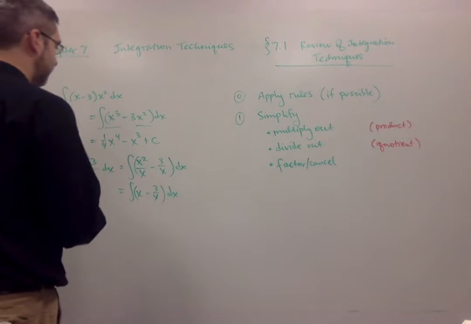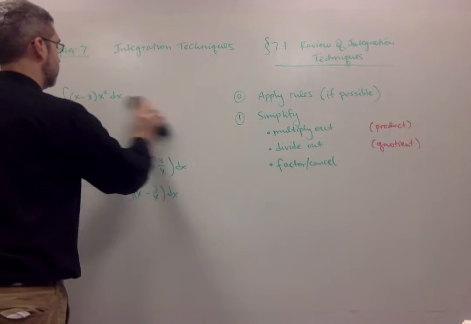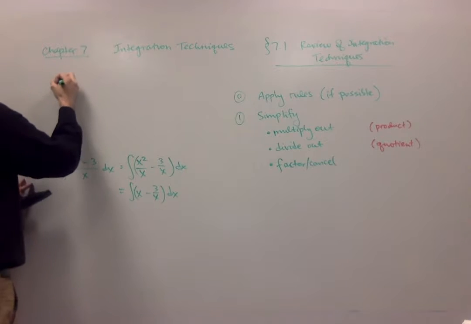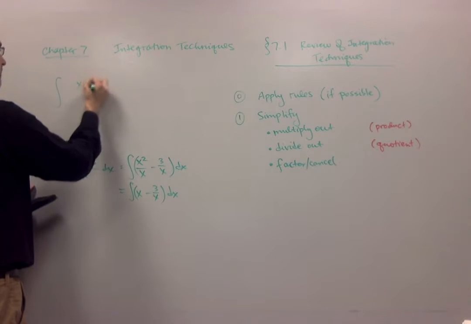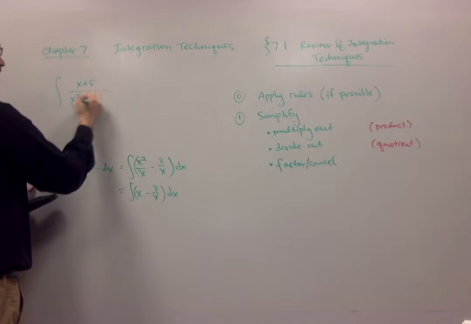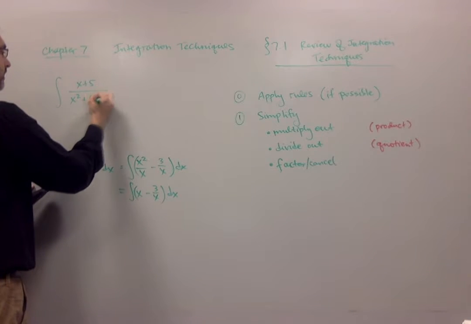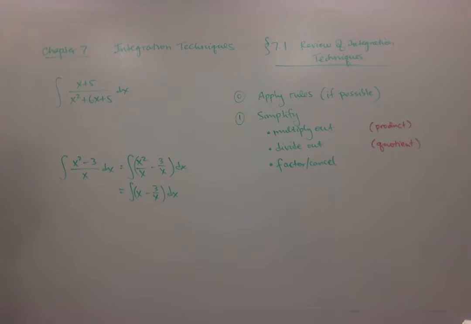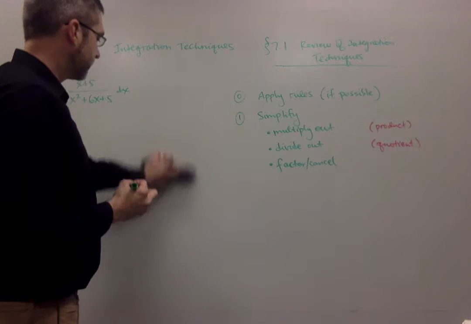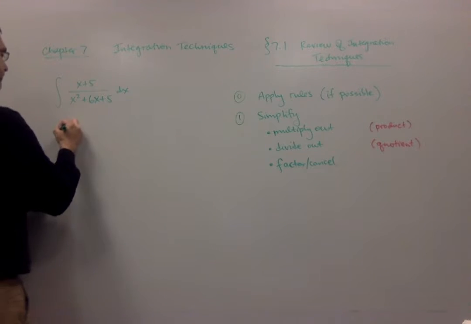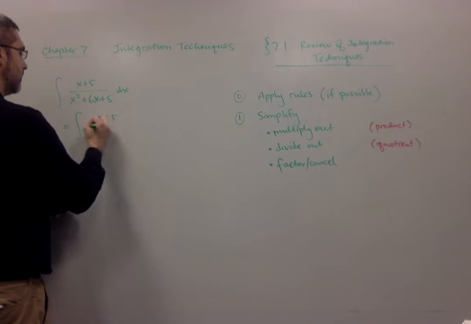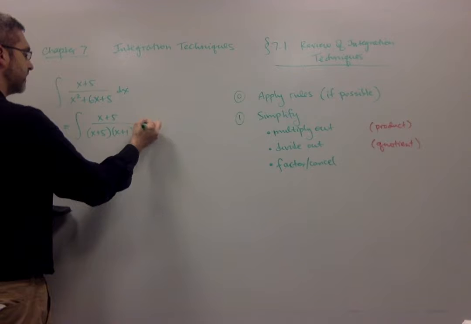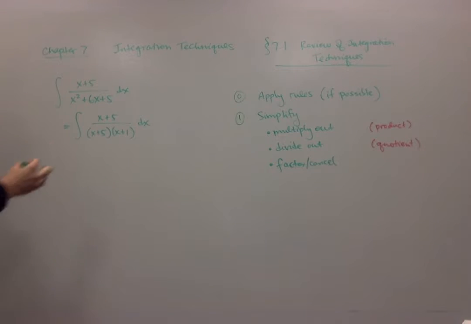So for instance, if I saw something like x plus 5 over x squared plus 6x plus 5, one of the things that I notice is that the bottom factors, and it turns out it factors as x plus 5 times x plus 1.